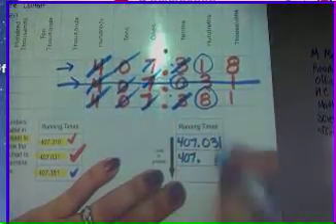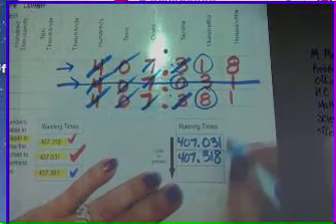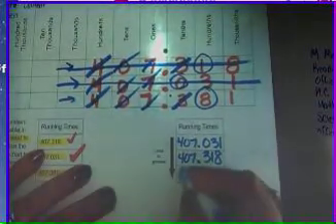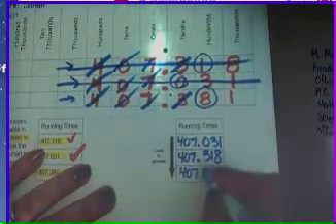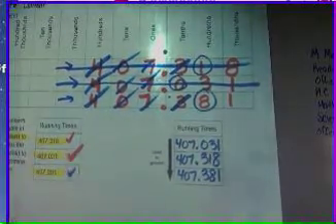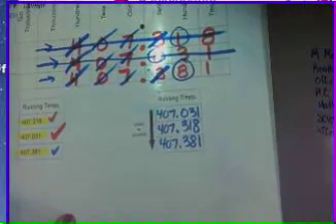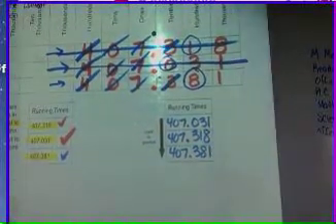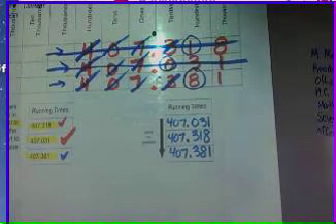So I've got 407.318. So I'm going to cross that guy off, which only leaves me with the last one, 407.381. I have now put them in order from least to greatest based on that. If you cross it off, it's like a reminder that I've already used it. So that's one of my strategies that I use.